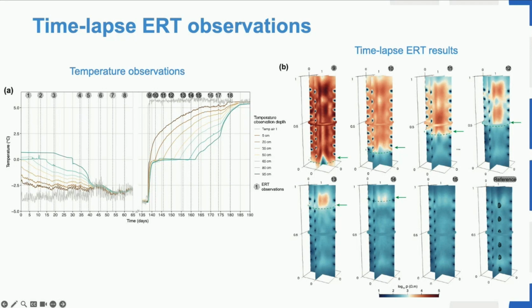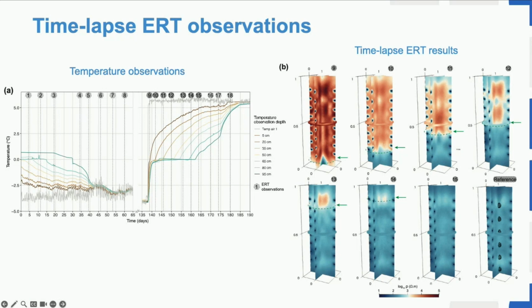But at number 10, you can see that the temperatures went up to 0 degrees in the entire column. And here at the bottom, you can see this blue zone, and that's the thawing front moving upwards through our column.